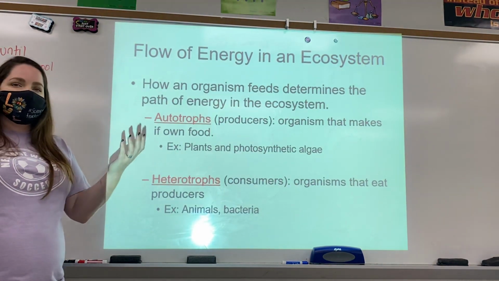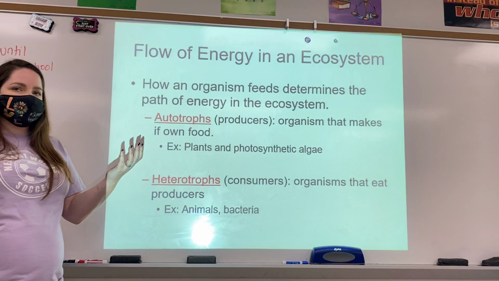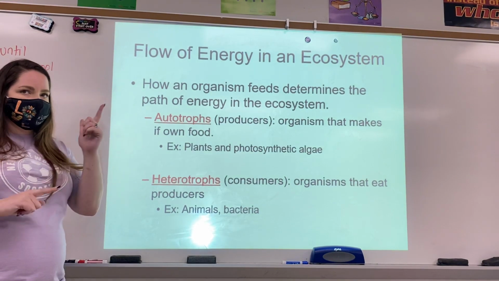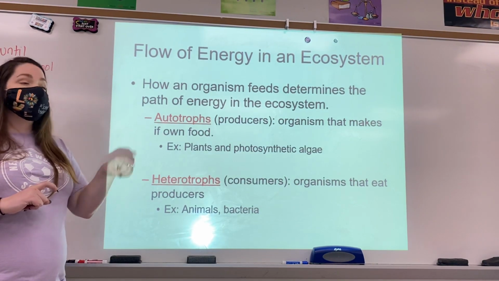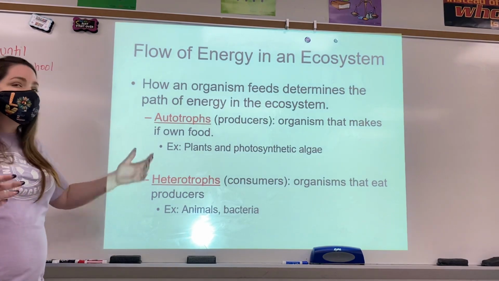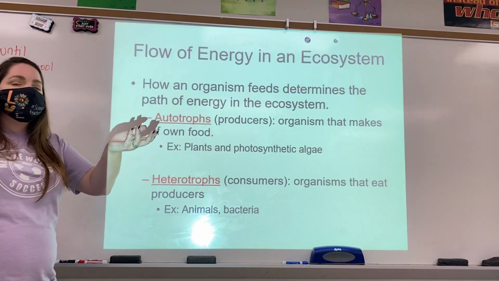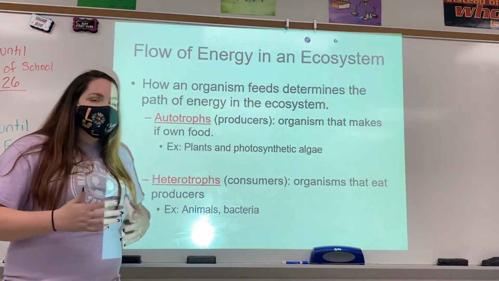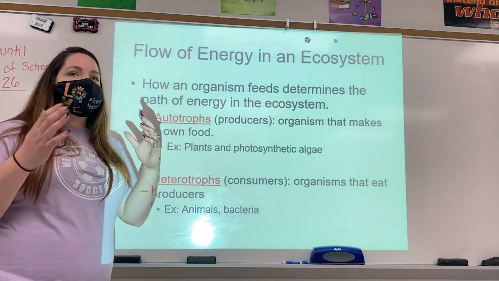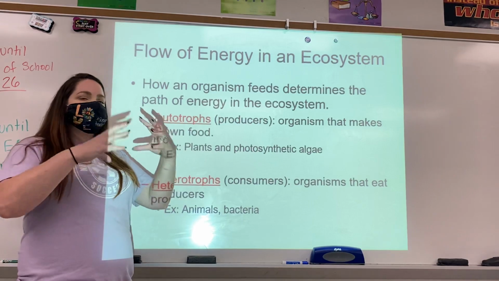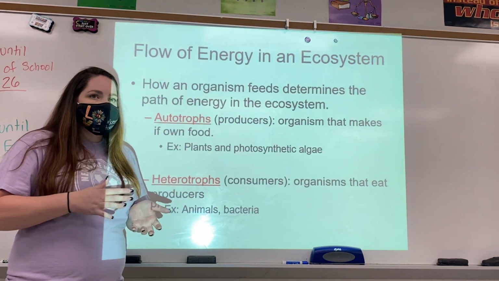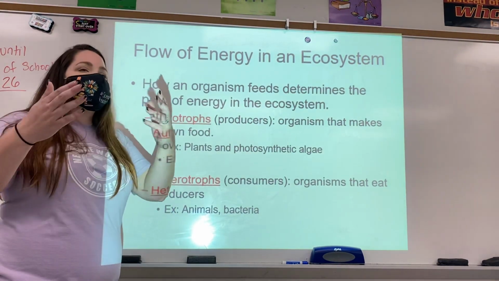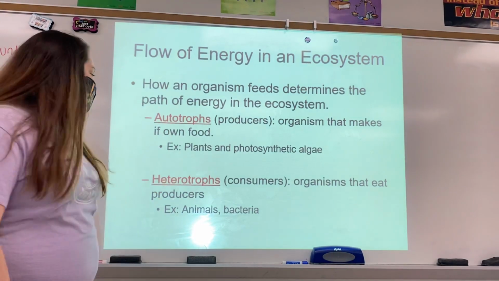What's our major product of photosynthesis? Oxygen and glucose. They're going to produce oxygen and glucose, and when they produce that, they also produce energy. Energy is stored in the chemical bonds of that glucose. So when they produce glucose, they are also producing energy.